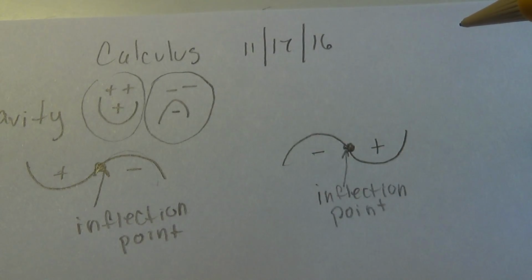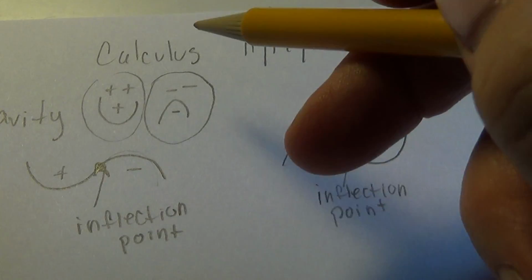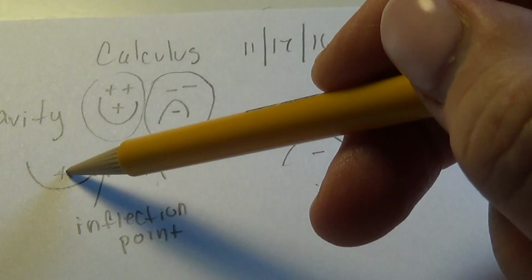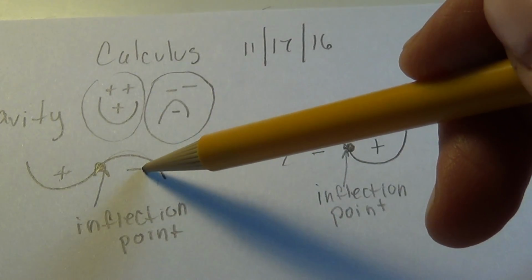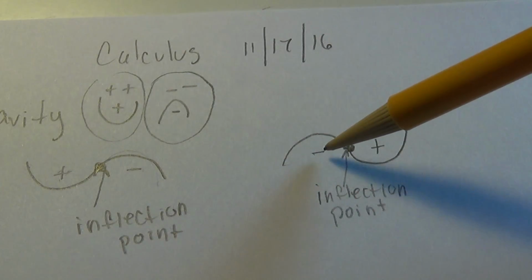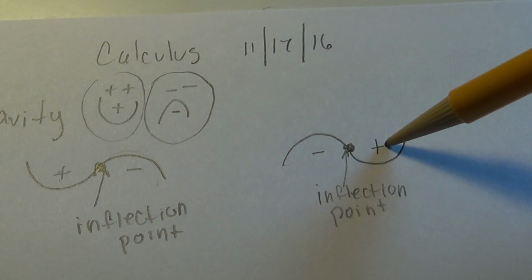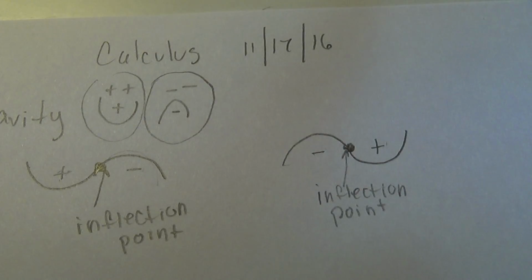So the second derivative is positive here and negative here. The second derivative is negative here and positive here. So that's an inflection point.